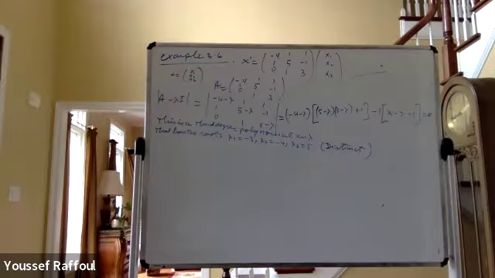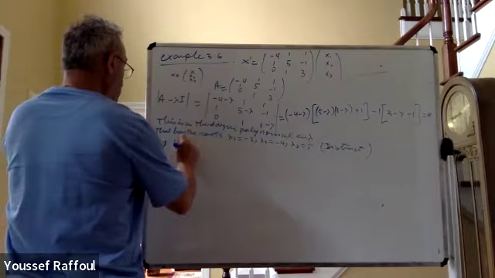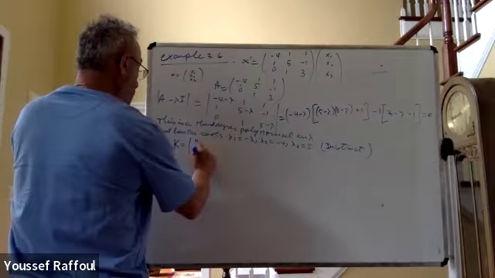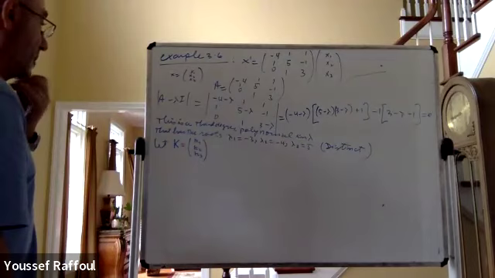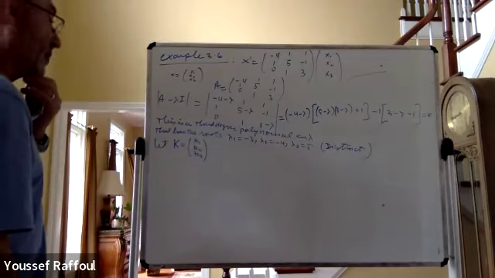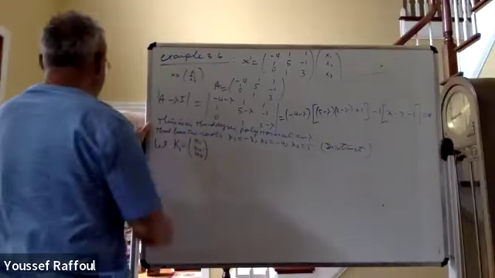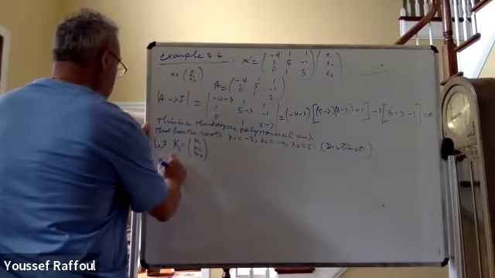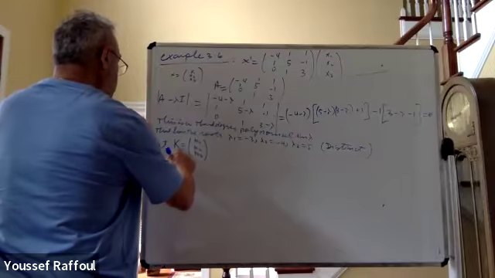All right. So let K be K1, K2, K3. Or let's call it K1. All right. So what we need is A minus lambda I times K, taking it in general.